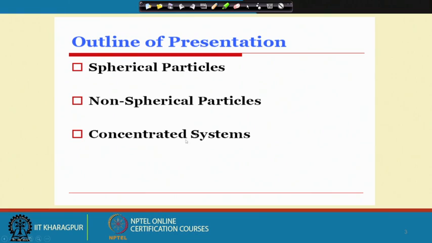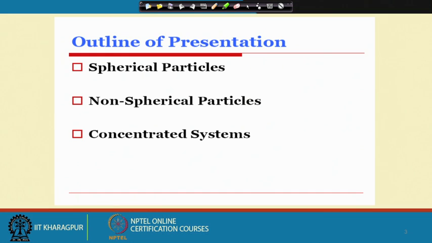Then the third one is concentrated systems, because we are not dealing with a single particle, we are dealing with a large number of particles, because we have to process a large volume of material per unit time. So, when we increase the concentration of the particles, how do they behave in a fluid medium? This is the outline of this lecture.